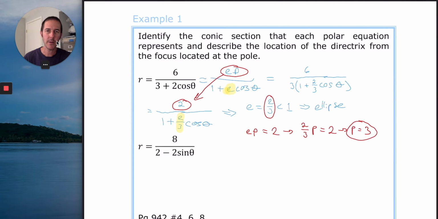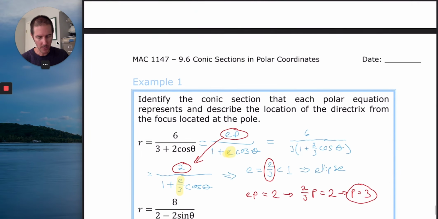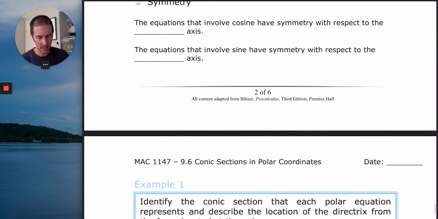Remember that the p-value is the distance from the pole to the directrix, the pole being the focus. Now the only other question is a distance of 3 units in which direction? We're going to scroll up to the previous slide, knowing that in the denominator we had a plus sign and a cosine.